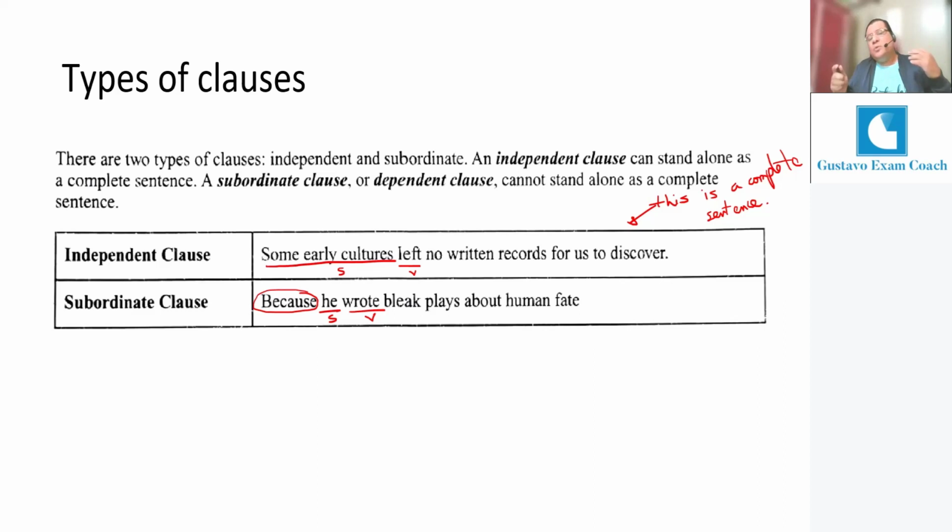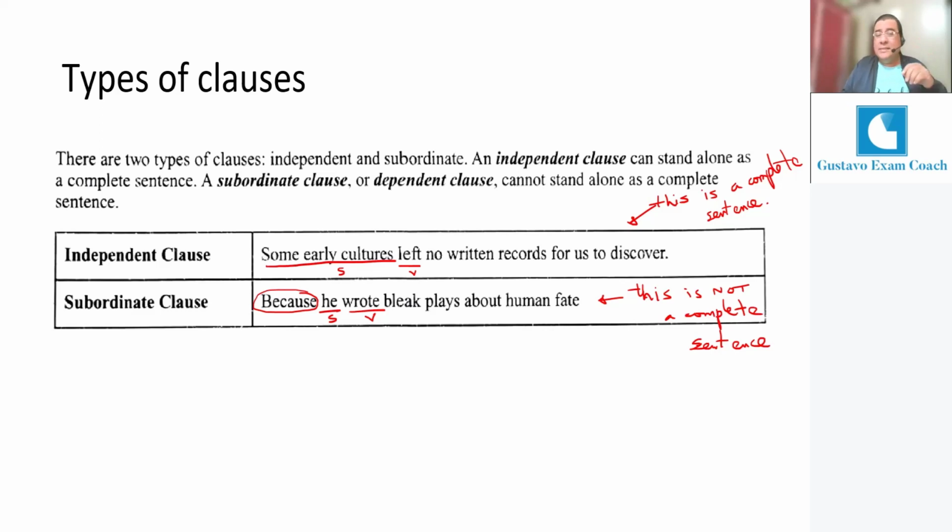That is, "because he wrote bleak plays about human fate" cannot be a complete sentence. Why is this not a complete sentence? You can tell that the word "because" plays a role, a function in this clause. It calls attention for something else to be said later on, something that may complete this clause as a whole thought.